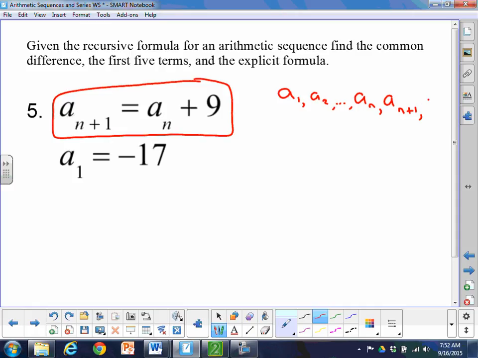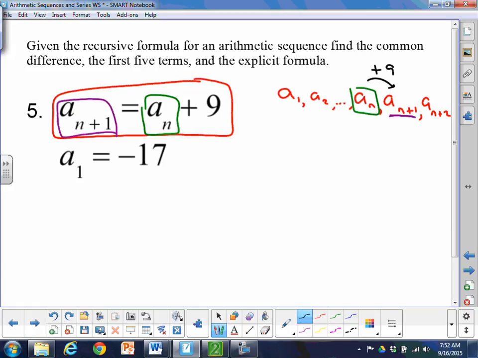The next would be AN plus 2, and so on. Okay. So what they're telling us basically is to get this term, you have to take the term right before it and add 9 to it. Okay, so there's going to be like a plus 9 going on. That's going to be the pattern to this guy. That's the common difference. Okay, so D is 9.